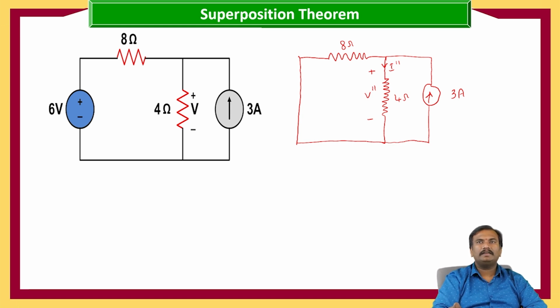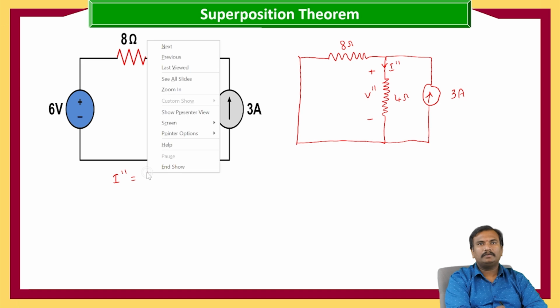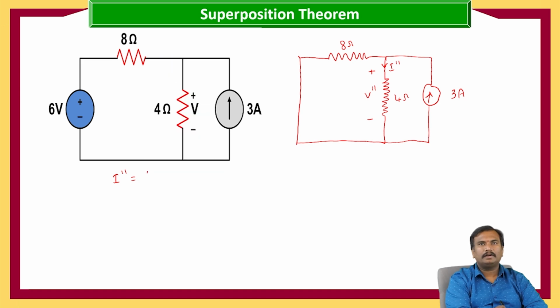So we have to use the current division principle, that is I double dash is equals to Is into opposite resistance by sum of resistances.